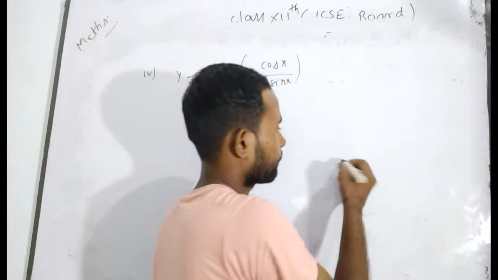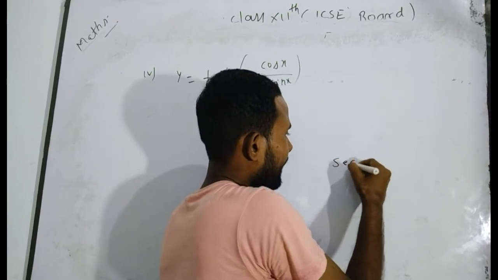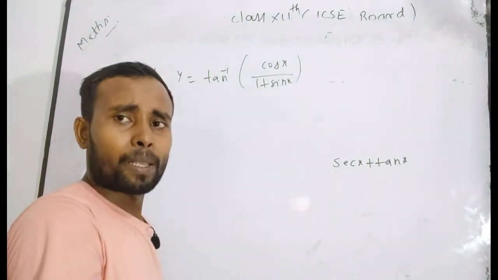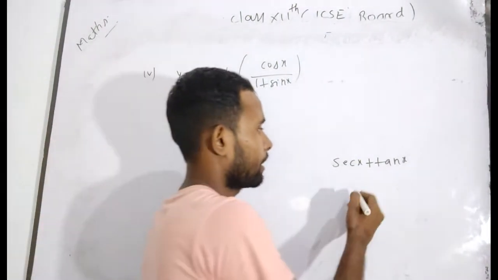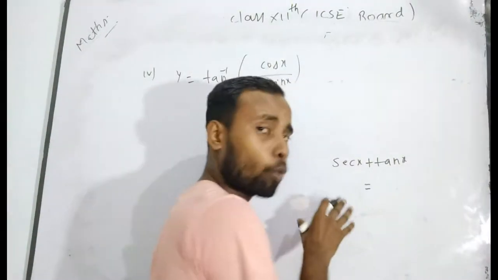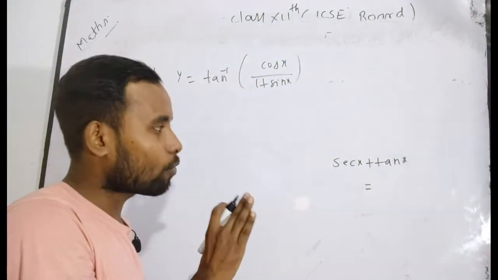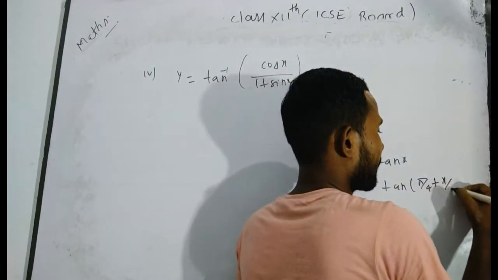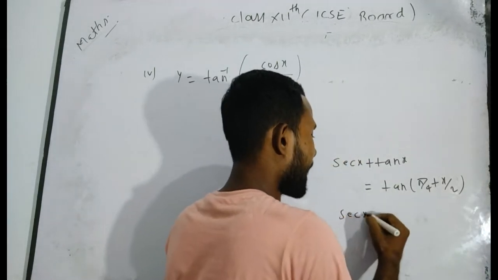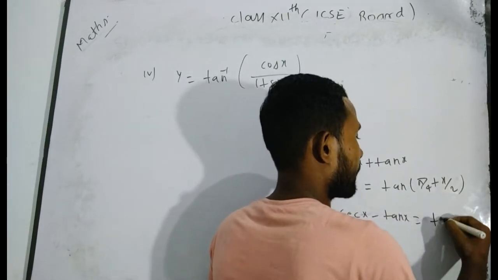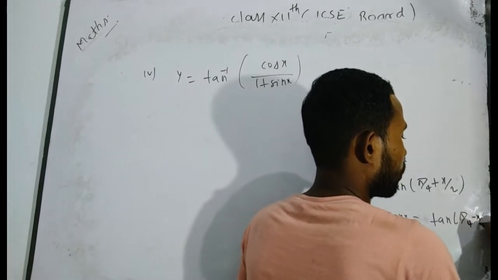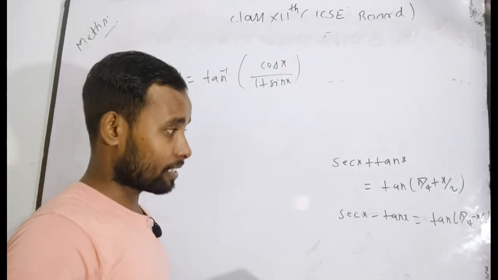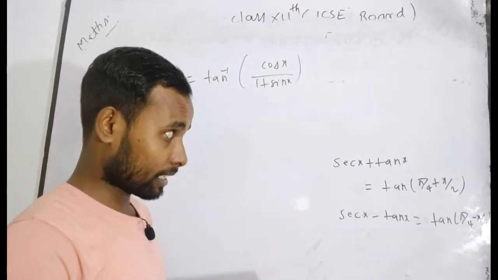Again I want to tell you, sec x plus tan x is equal to tan(pi/4 plus x/2), I have already told you about this factor, still I want to explain it to you, and sec x minus tan x is equal to tan(pi/4 minus x/2). You will ask, sir, how do you write it? In a similar manner I will definitely explain it also. See here.